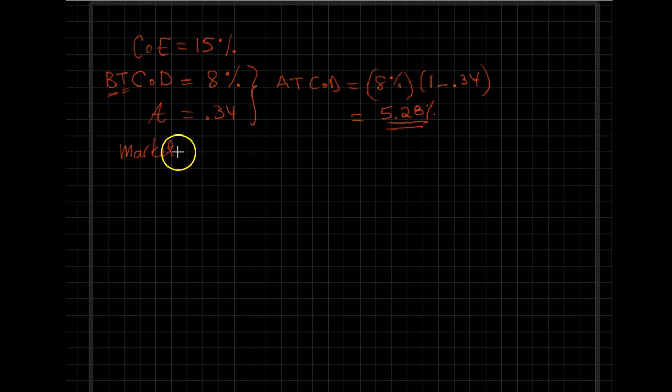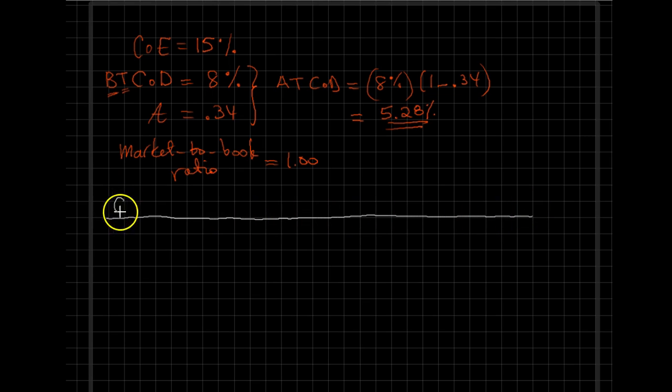Crucial information: the market to accounting book ratio is equal to 1. We can go ahead and produce a table. The table will have two rows of capital items: long-term debt and common equity.